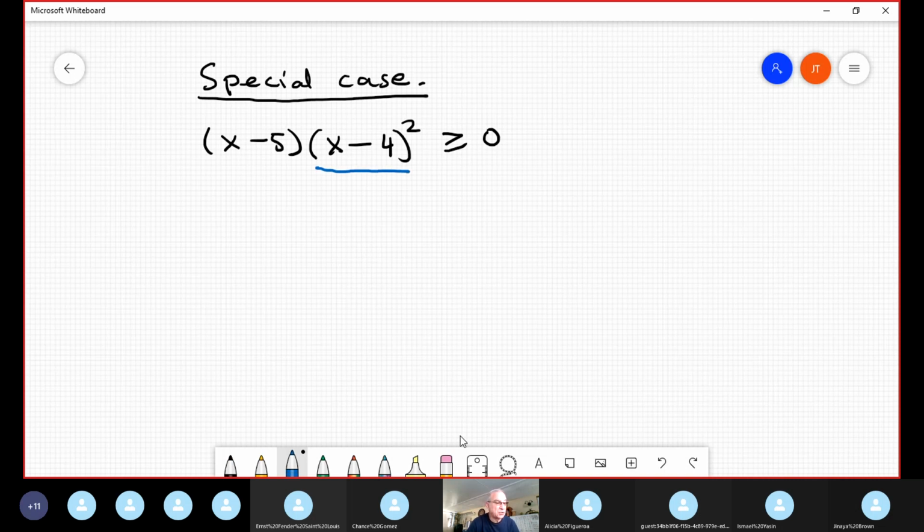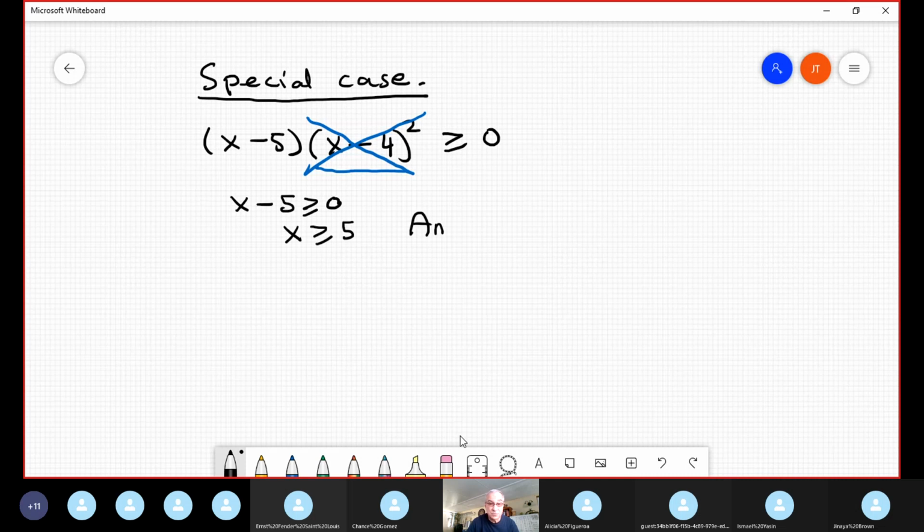So the question is whether you delete or partially delete. No, you totally delete. This guy is not important. My new inequality is just x minus 5 greater than or equal to 0. I solve for x greater than or equal to 5. And the answer expressed in interval notation is bracket 5, comma, infinity, because it's greater than. That's it.